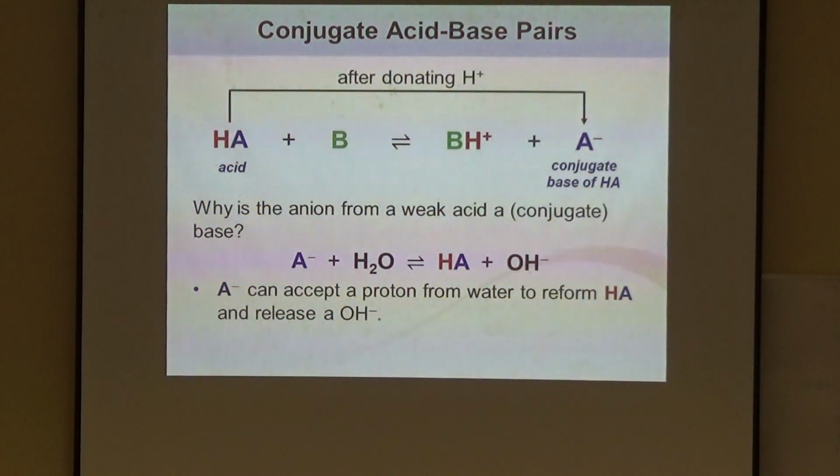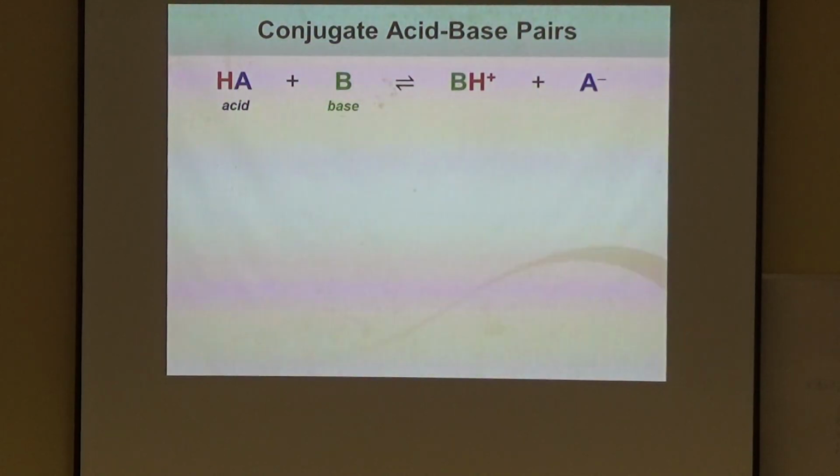So to get this, you must pay attention to what is happening. Where does a H+ go? What accepts a H+? So A- acts as a base.